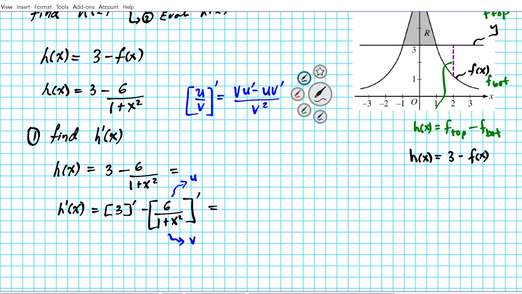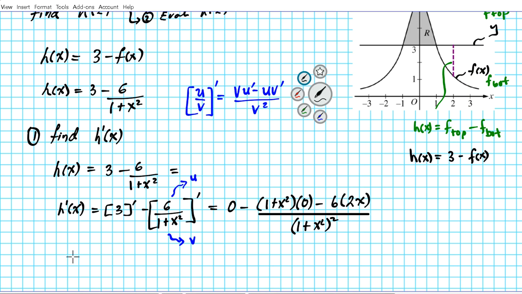So the derivative of 3 as a constant is 0, times v, 1 plus x squared, minus u, 6, times v prime, the derivative of 1 plus x squared, which is 2x, divided by low squared, or v squared, which is 1 plus x squared quantity squared.